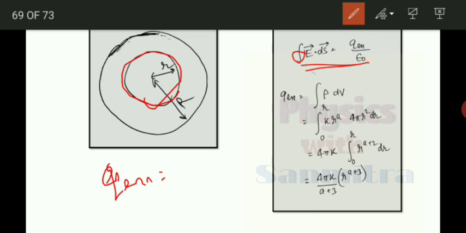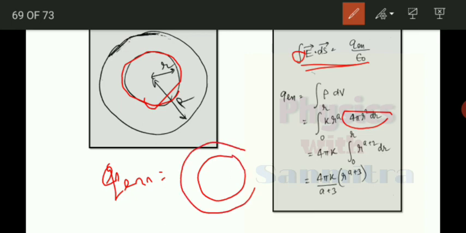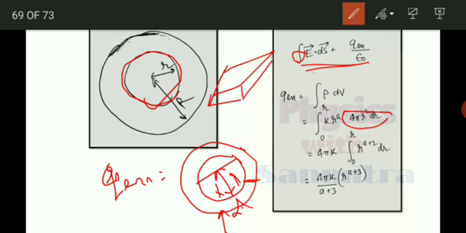How did I write dv equal to 4 pi r square dr? At a distance r I am taking a small elemental length dr, so the surface area is 4 pi r square and into this width. If I flatten this out, this width will be dr and this area will be 4 pi r square.